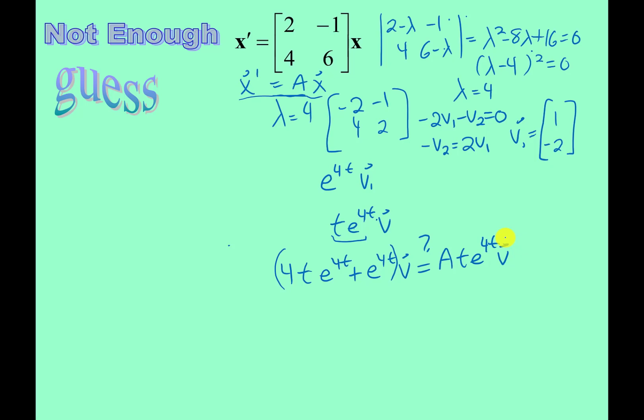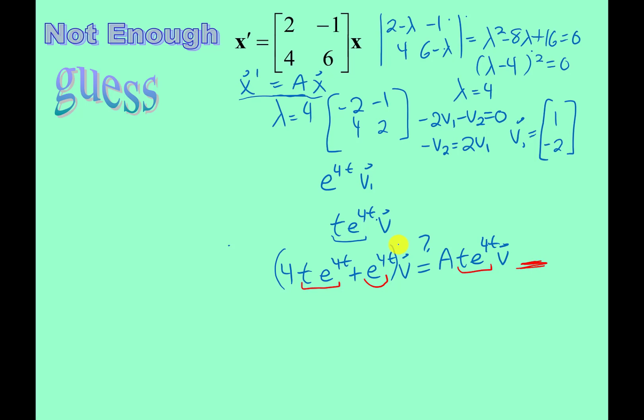Well, there's a problem here. For these to both be equal, you'd equate coefficients, and we have t e to the 4t terms that we could do that with, but this piece right here showed up in the derivative, and I don't have anything for it over here. So that guess is not going to work. I need an extra term that has e to the 4t as part of the solution.